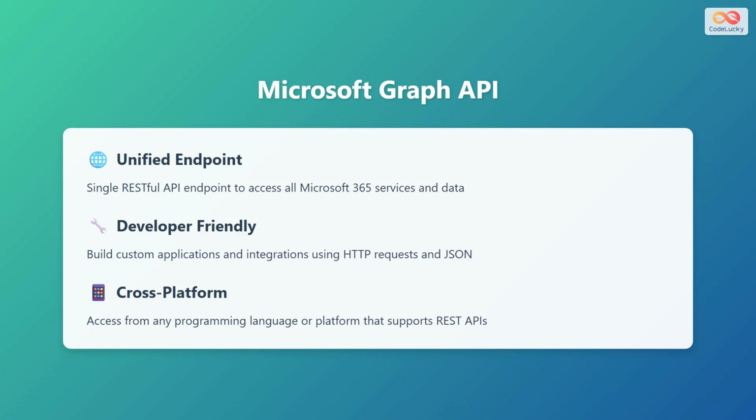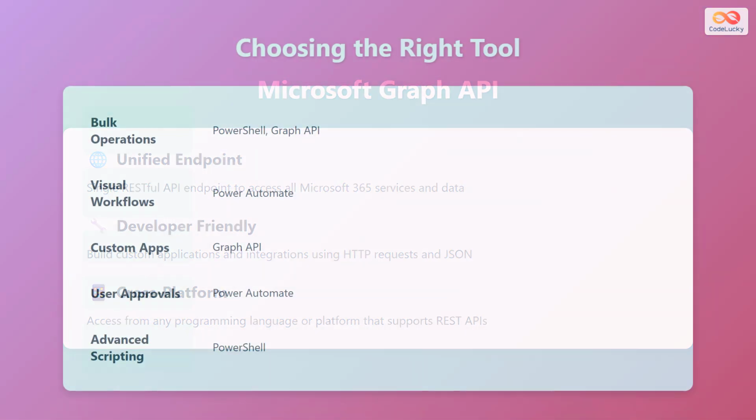Its cross-platform nature means you can access it from any platform or programming language that supports REST APIs, whether you're building web applications, mobile apps, or custom integrations. Graph API is the best choice when you need to build custom applications or integrate Microsoft 365 with external systems and services.